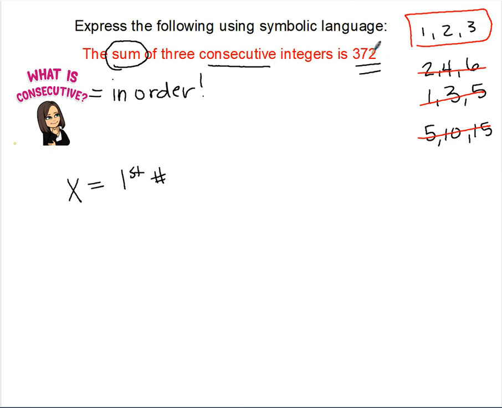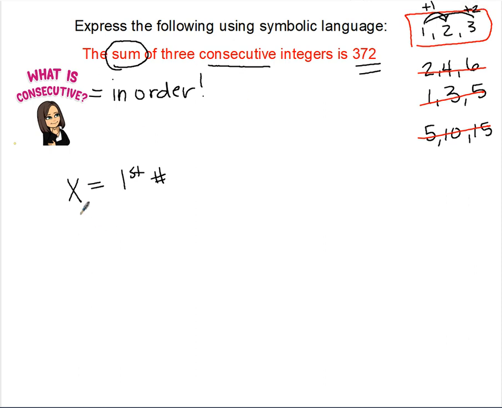That's definitely not 372. So as we go to our second number, how did I normally get from 1 to 2? I added 1, right? Well, how do I get from 1 to 3? I had to add 2.